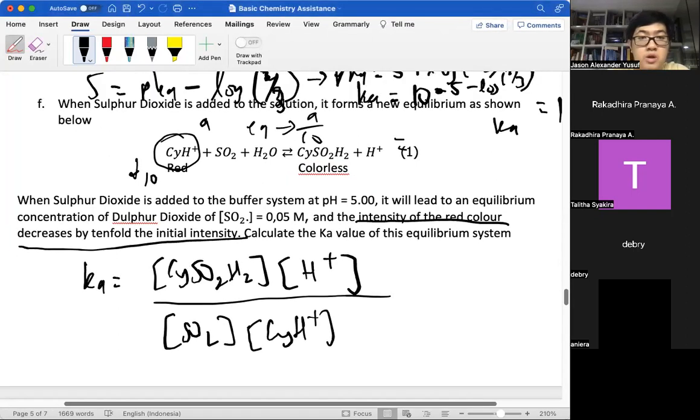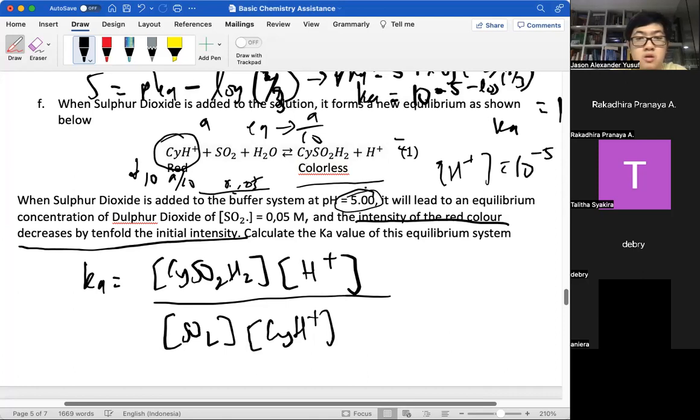And so we have the concentration of CYH plus, which is A over 10 at equilibrium. At SO2, this is 0.05. Now we just need this concentration. We have the H plus concentration, which is 10 to the power of -5, right? From the pH.